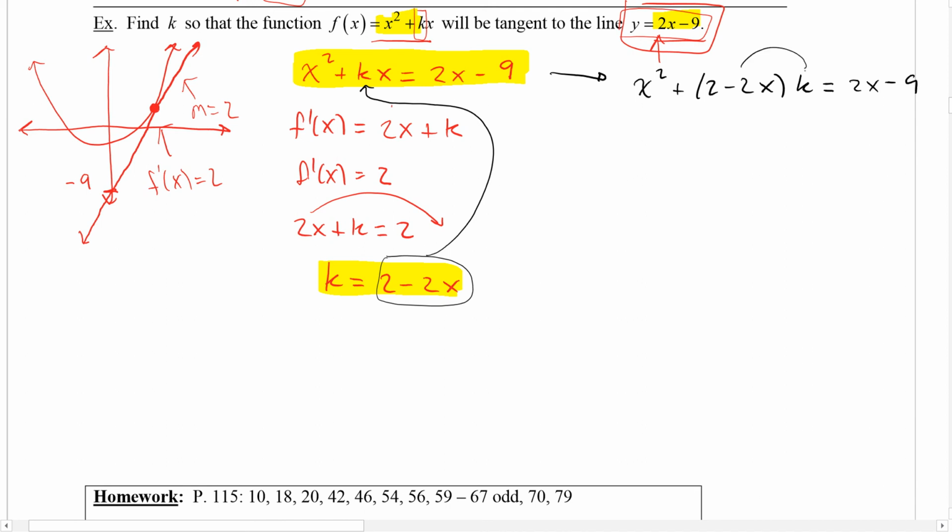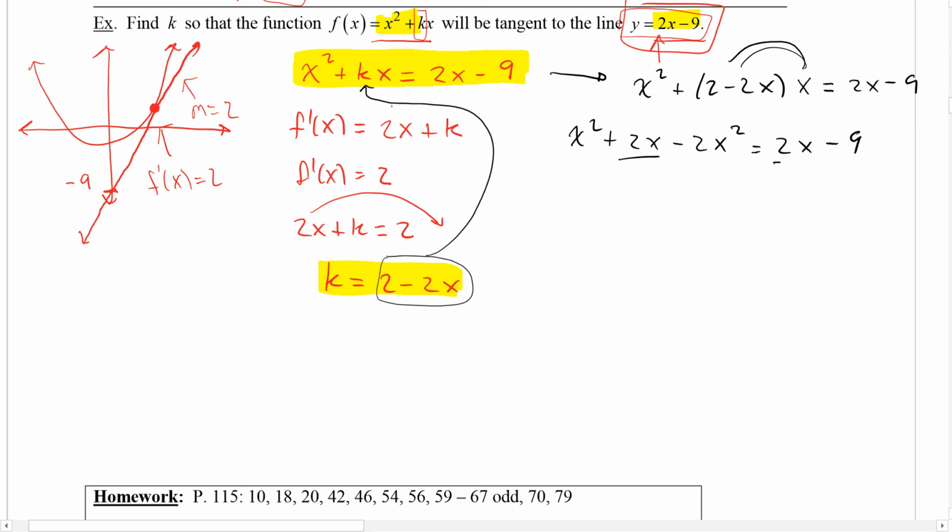I'm sorry, that's supposed to be x. I replaced k with whatever I just plugged in. So distribute x here, and I should get x squared plus 2x minus 2x squared is equal to 2x minus 9.